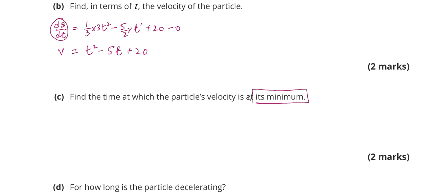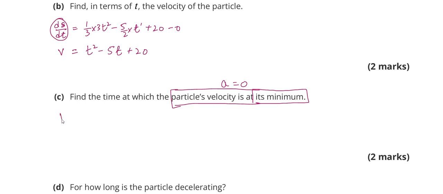Yeah, I think so. Therefore, whenever the particle's velocity is minimum, then acceleration is zero. Whenever the particle's velocity is at its maximum, even then acceleration is zero. And you're right, we should find another derivative of this.